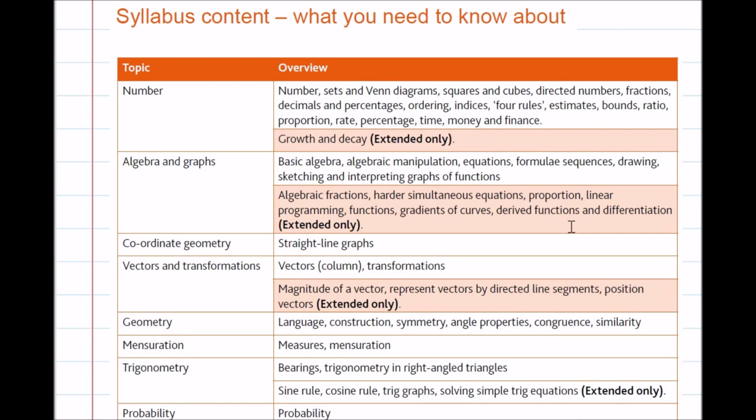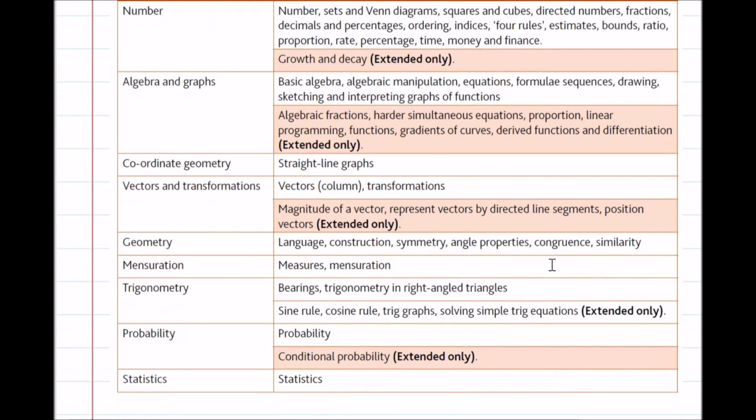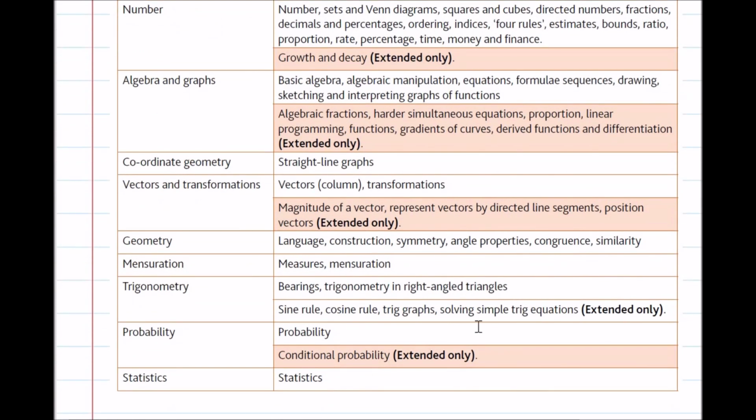Similarly, from vectors, magnitude of a vector, represent vectors by direct line segments, position vectors, all these are parts of the extended syllabus. Same way, sine rule, cosine rule, trigonometric graph, solving simple trigonometric equations. These are the topics for only extended students. And from probability, conditional probability, that is only for extended candidates.